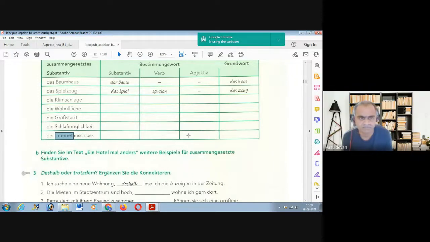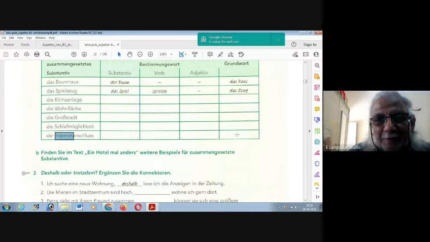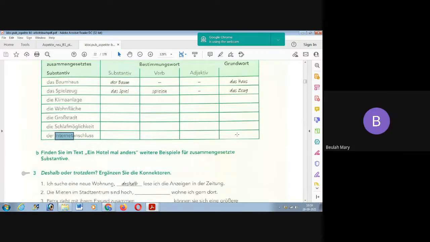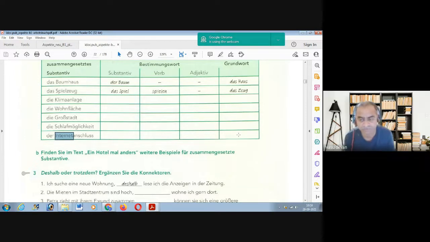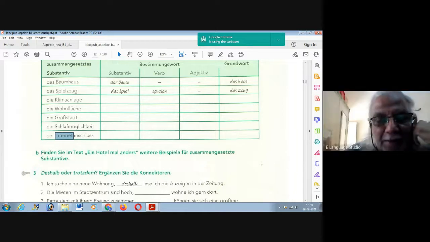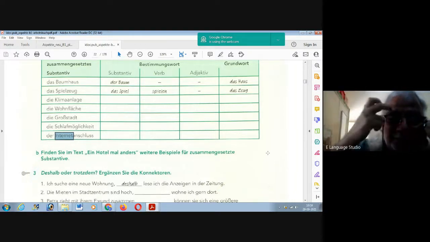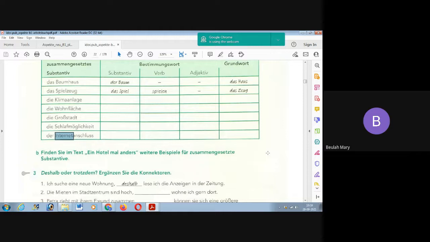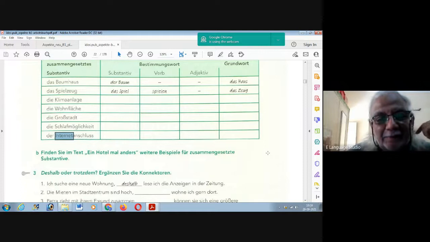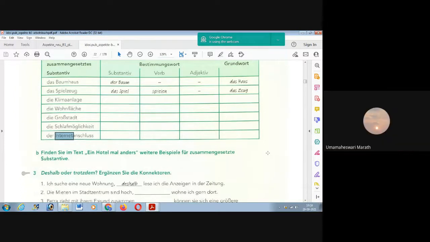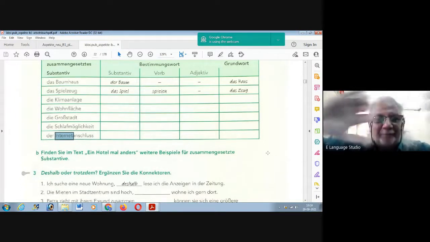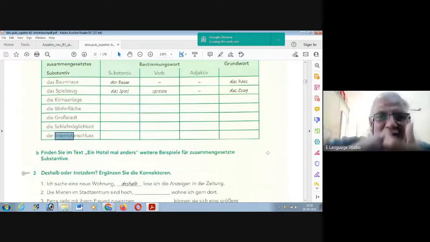No. Adjective? Nein. Und Grundwort? Der Anschluss. So what is the Internetanschluss? Was bedeutet Internetanschluss? Ein Anschluss zum Internet. A joining or connection to the internet.